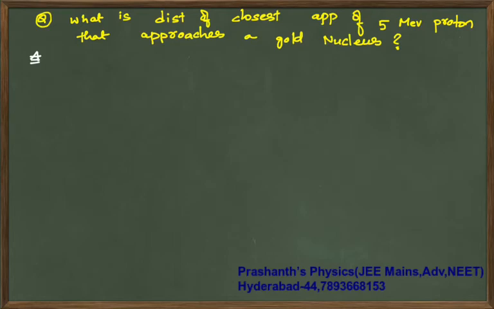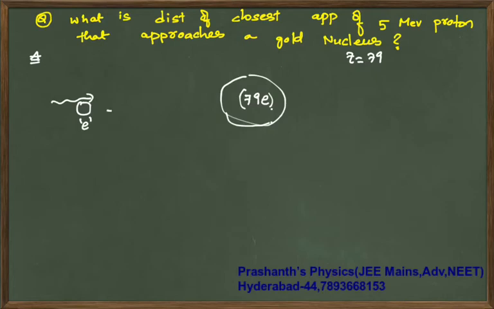Now hope you have tried it sincerely. Let's continue. For the gold nucleus, the atomic number Z is 79, so at the center you will have 79e positive charge. The proton is coming with a charge of e, and this distance is R. Since 5 mega electron volt is given, your kinetic energy is given. So KE initial plus PE initial is equal to KE final plus PE final.